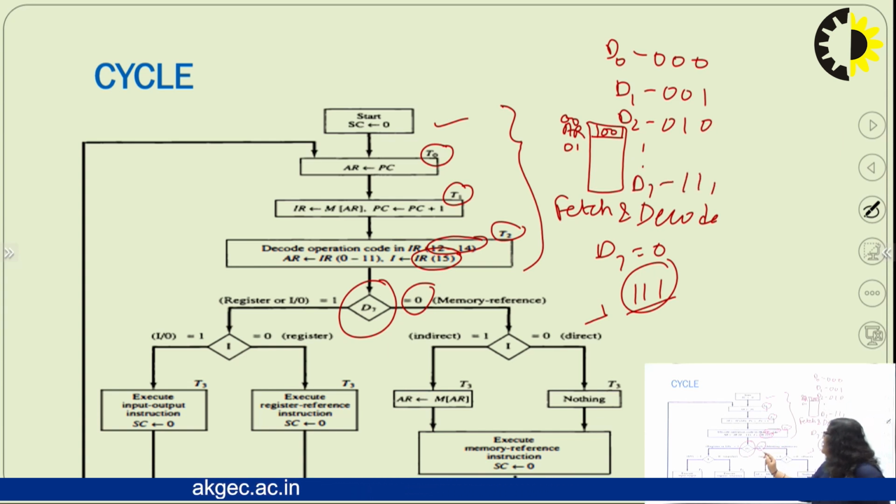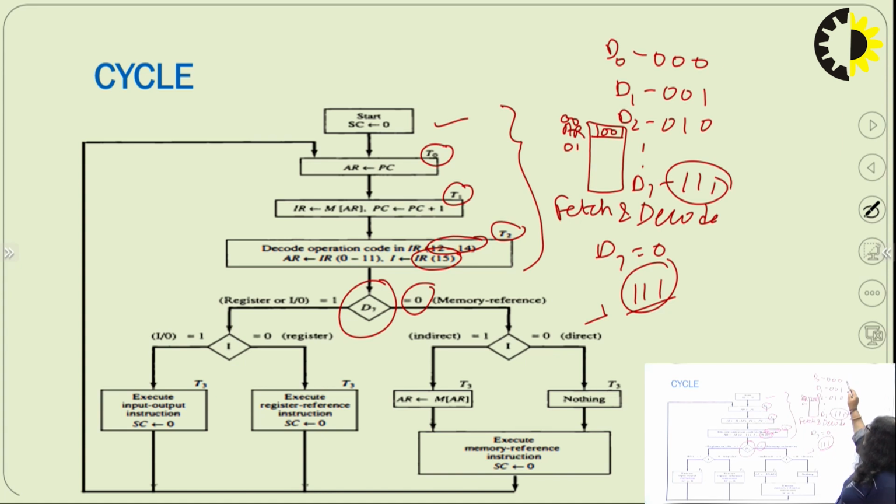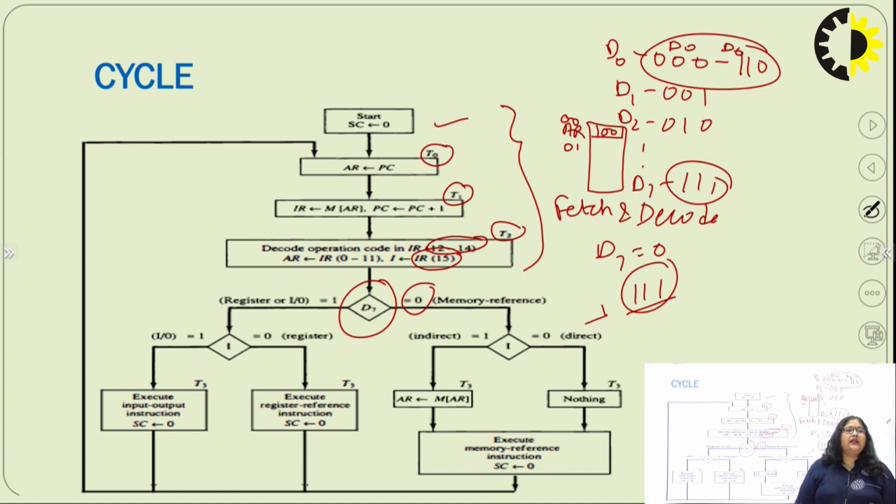So when D7 is 0, it means D7 is absent over there. So 0, 0, 0 to 1, 1, 0 decoders are present, that is D0 to D6 bits are present. At this time, these are known as the memory reference instructions, right?